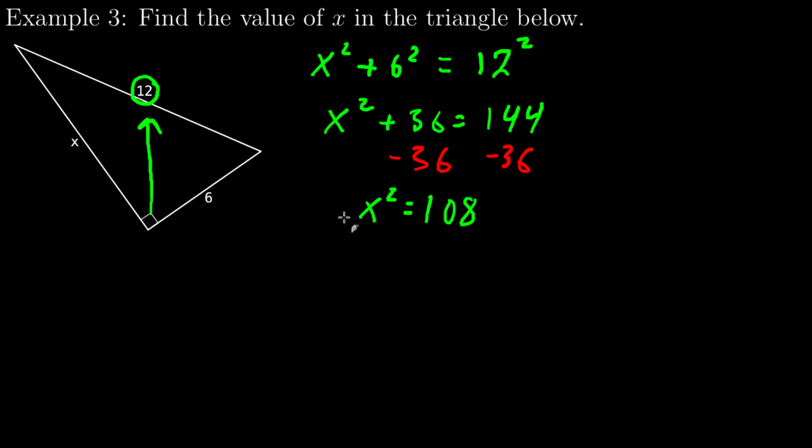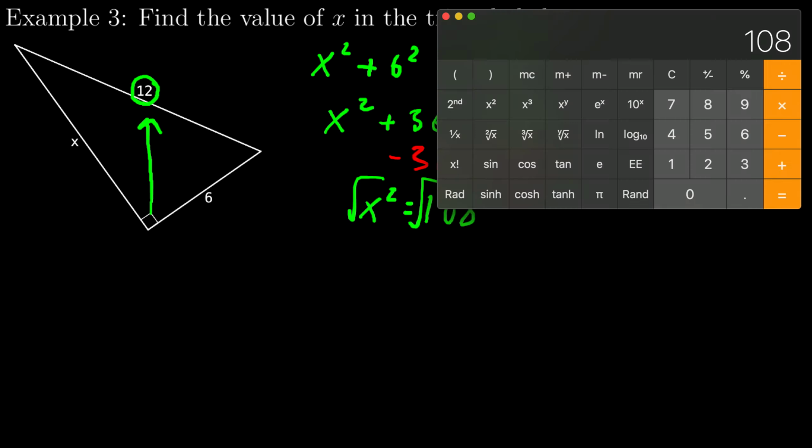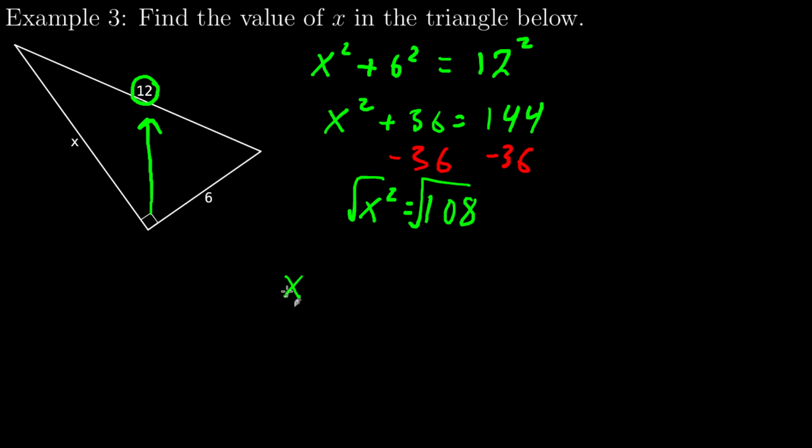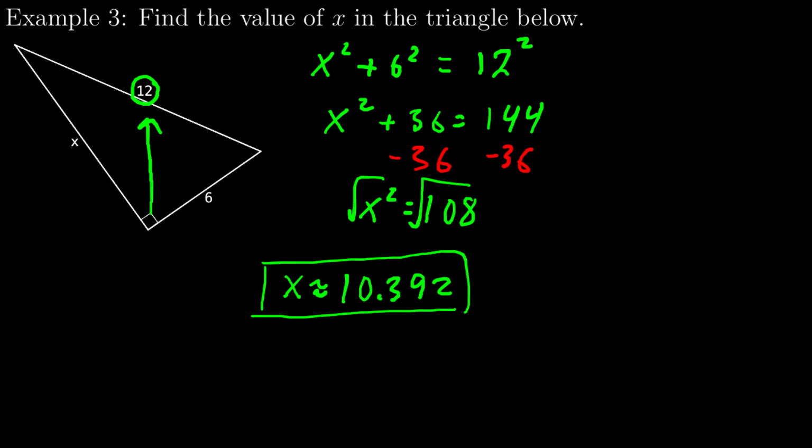And then to cancel out the squared, I take the square root of both sides and always check first to see if it was a perfect square. So I press the square root and it's a decimal. So I get my approximate answer, 10.392. So x is approximately 10.392. If I want to get the exact answer, I'm going to break down the 108.